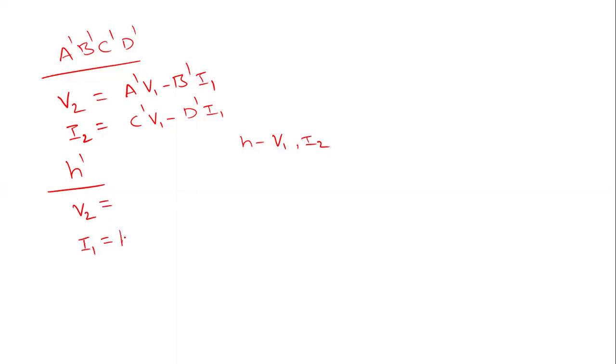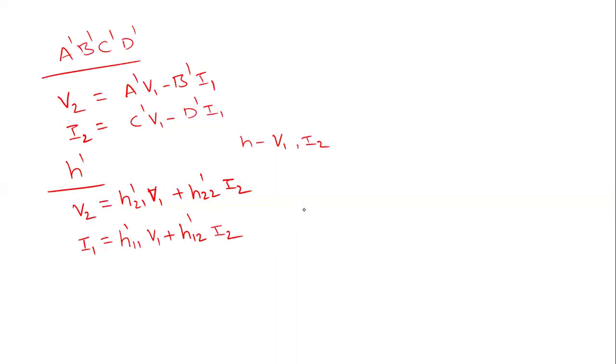I1 equals H11 dash V1 plus H12 dash I2, and V2 equals H21 dash V1 plus H22 dash I2. So these are the inverse ABCD and inverse H parameters.